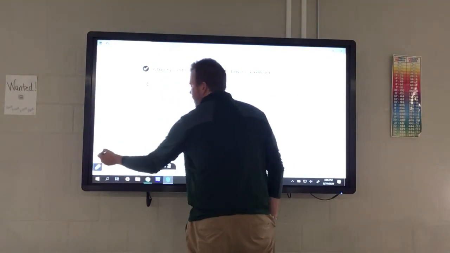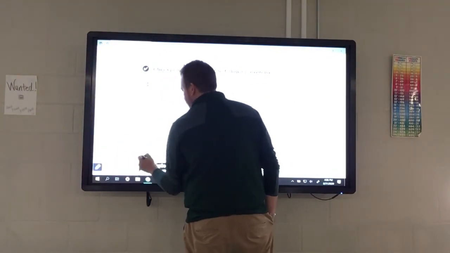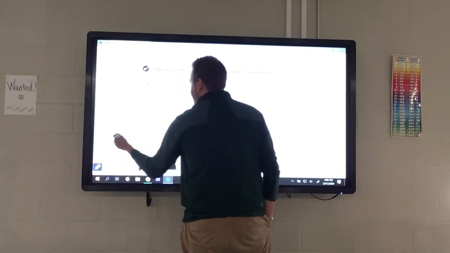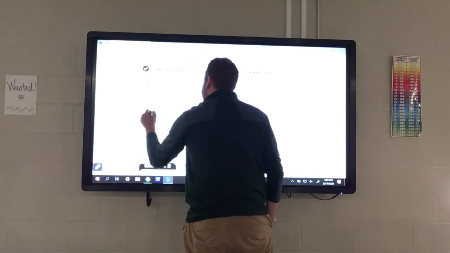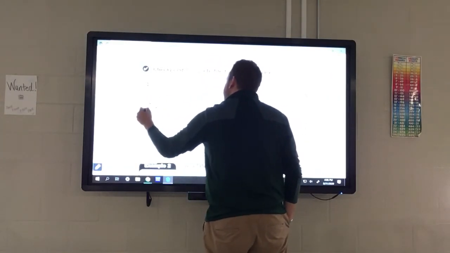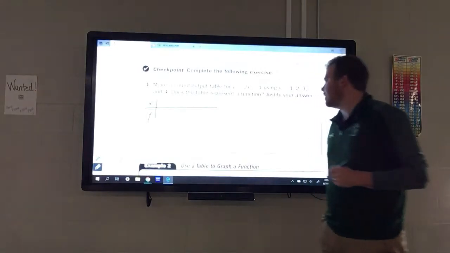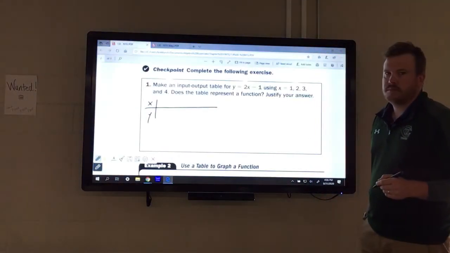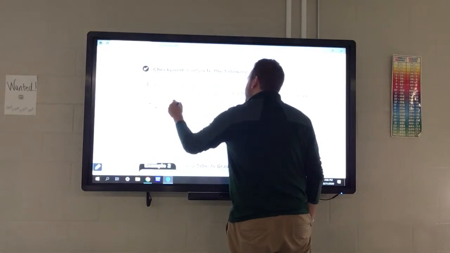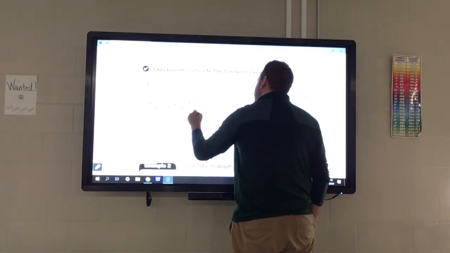Let's start by making a little table. There we go. So this will be my x values, this will be my corresponding y values. They want us to use x values of 1, 2, 3, and 4.